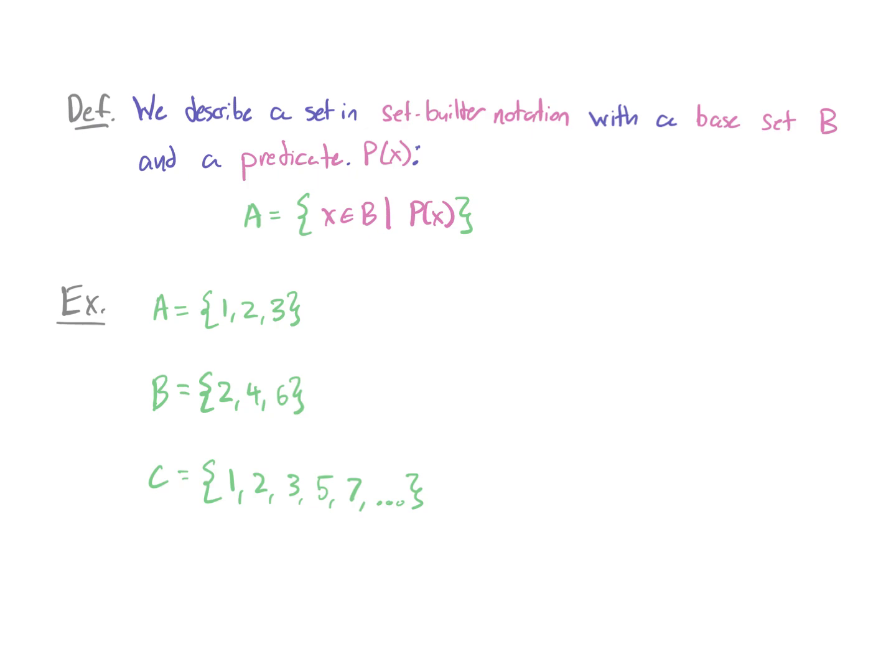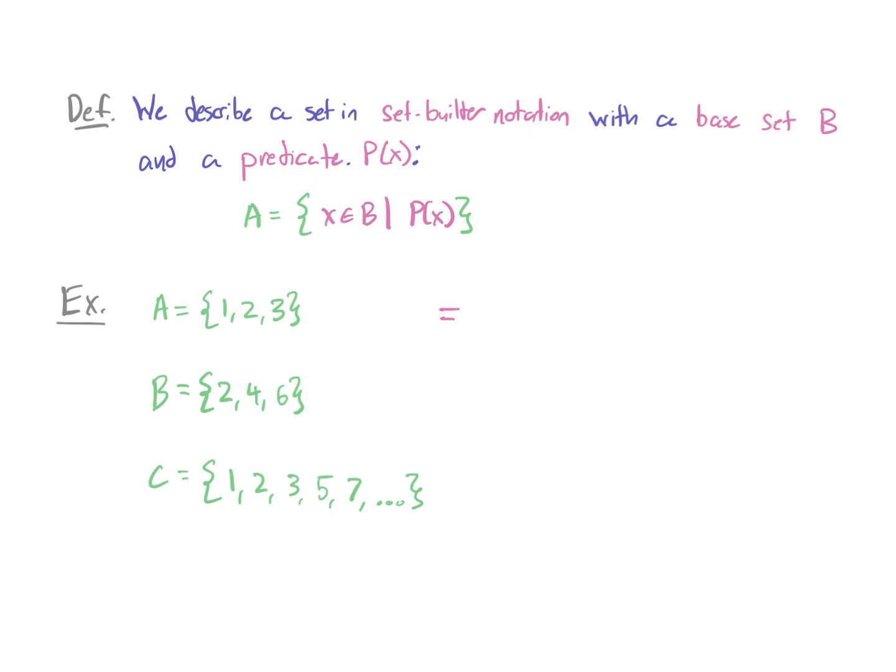I have three sets here, A, B, and C, and I'm going to write each of them in set builder notation. To do this, I am going to start by asking myself, what's the base set here? Or what am I selecting from? If you'll notice, in each of these sets, it looks like we're talking about non-negative integers.